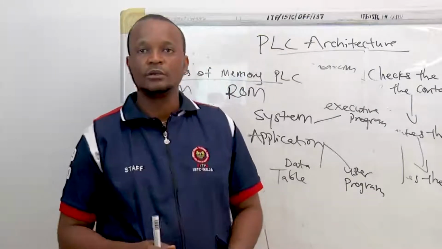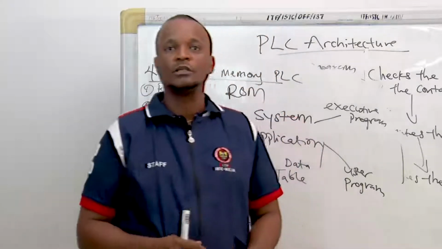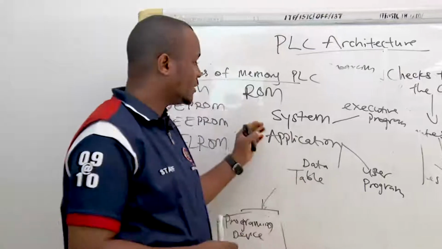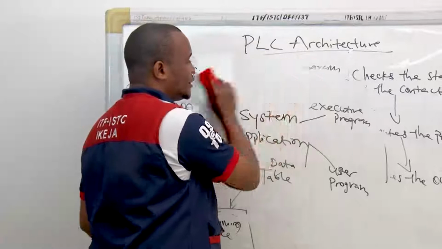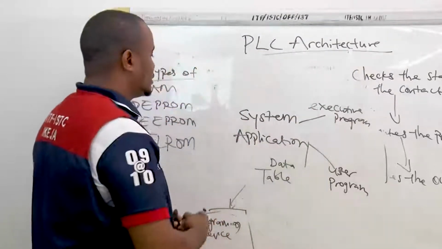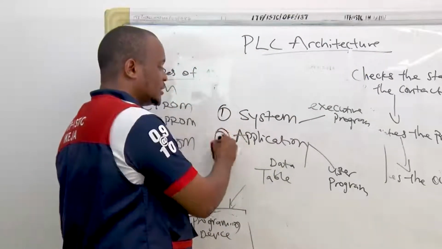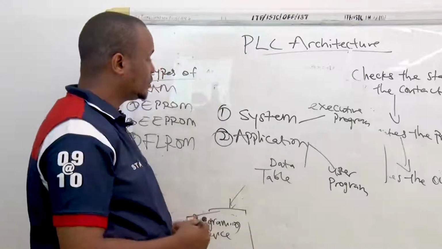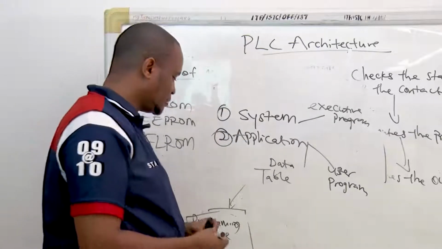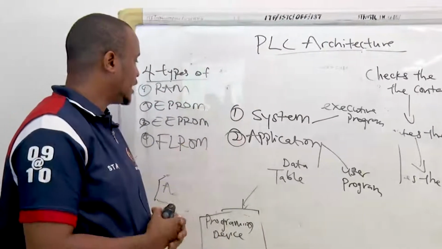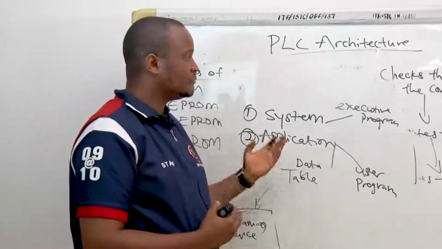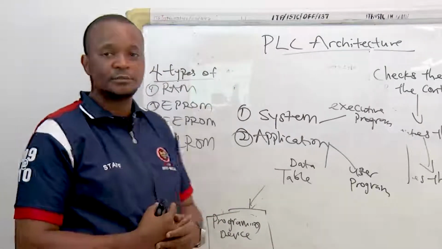Okay? So this is what we call the memory map. This is how the memory map of the PLC is composed. We have the system memory and then the application memory. Having said that, this is all about PLC architecture. We looked at the kinds of memory that the PLC possesses.